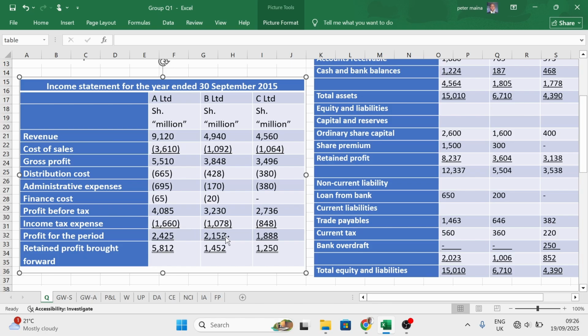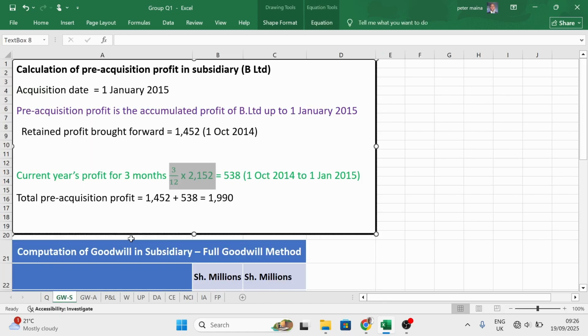So we want to take 3 months. We assume that the profit accumulated evenly. Since this profit is for 12 months, to get the profit for 3 months, we take 3/12 multiplied by 2152. It will give us 538.